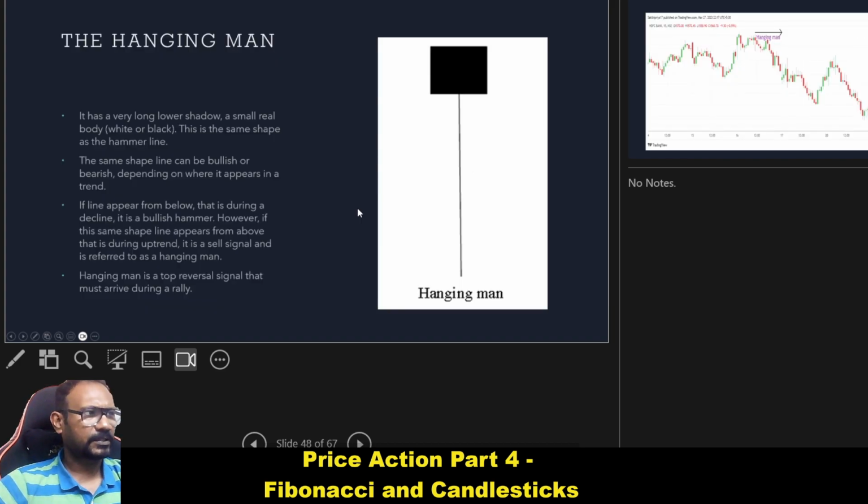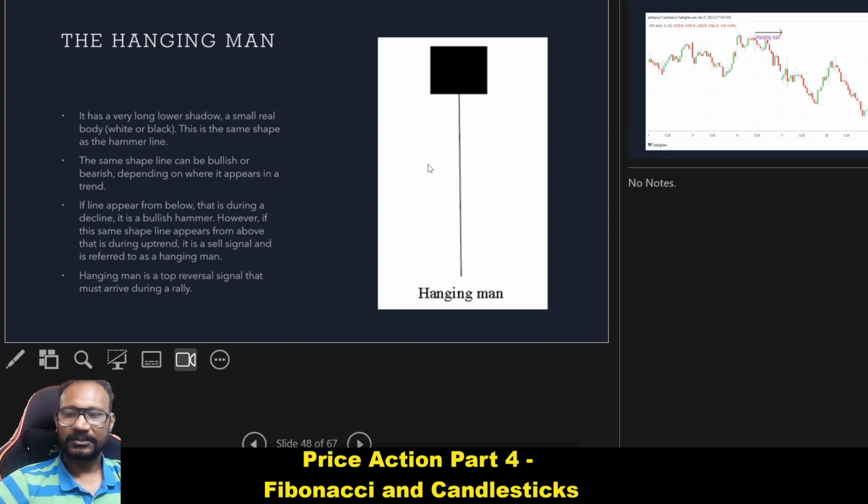And the next one that we are going to see is a hanging man. Hanging man looks exactly the same as a hammer, but the only difference is it doesn't happen on the downtrend, it happens on the uptrend. So this again is an indecisive candle.